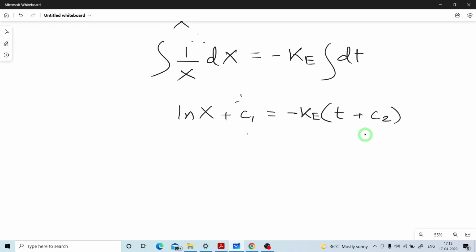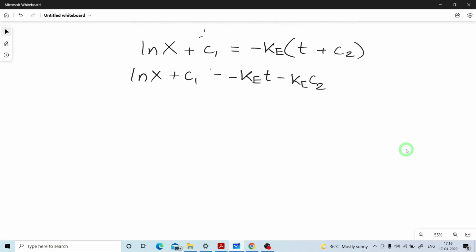If we solve this entire equation, you will get natural log of x plus C1 is equal to minus ke. We are going to multiply the entire term present in the bracket with this minus ke, so minus ke t minus ke C2. This is what we are getting. Now, in this entire equation, you will see that this C1 is a constant and this ke into C2 is also a constant, because ke is the elimination rate constant and C2 is the integration constant.